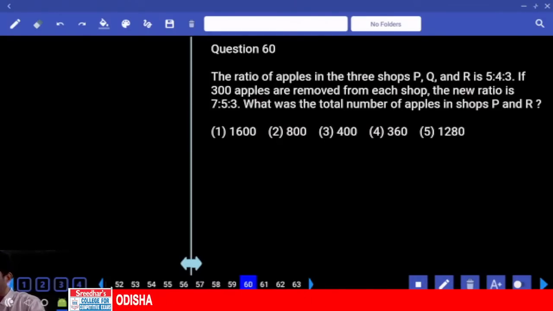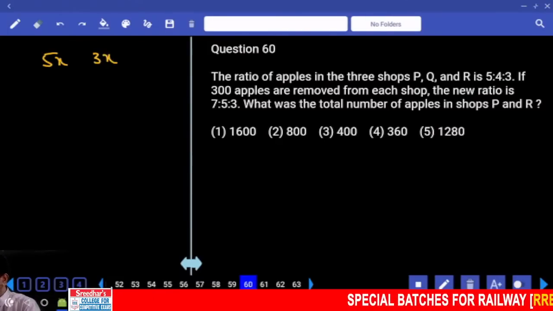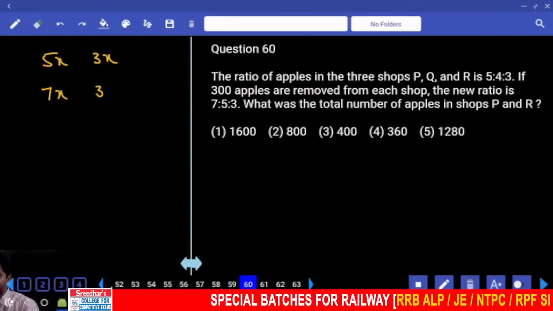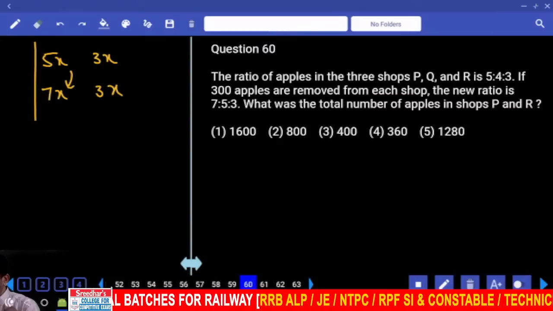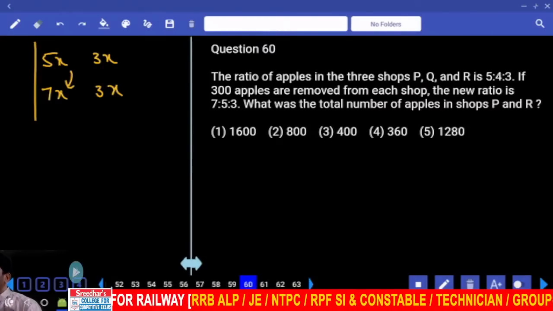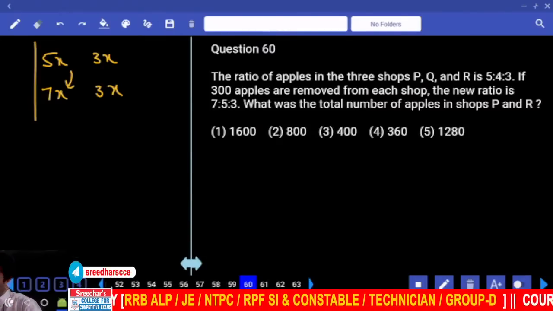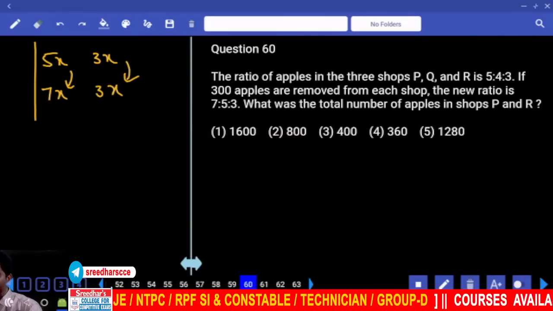What should I take? P and R. P is 5x, R is 3x. In the final ratio, 7x and 3x. From here to here, how many decreased? Number of apples, 300 apples. From here to here.